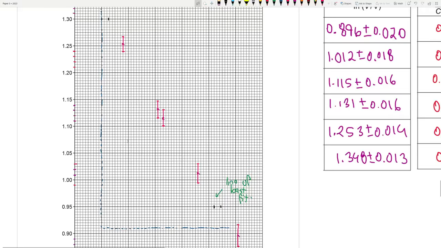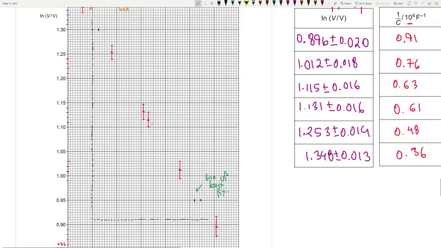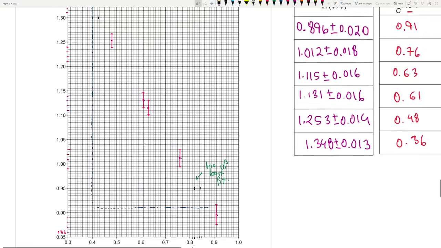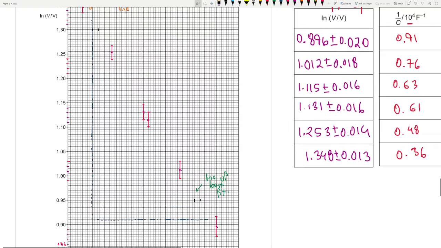Then you have two other points, 1.115 at 0.63, and 1.131 at 0.61. 0.63 is the third one, and 0.61 is the first one. Okay, there you go. And 1.115, you can draw that exactly, and it's plus minus 0.016, both of them.